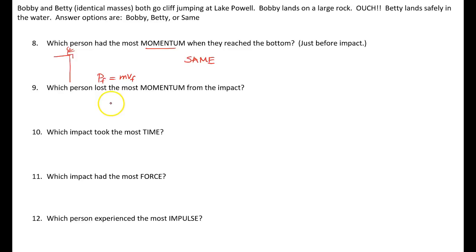When they hit the rock or the water, they're hitting it with a momentum of P final, but when they both stop moving, their final momentum is 0, right? So the correct answer to this one should be the same. They're going to lose the same momentum.